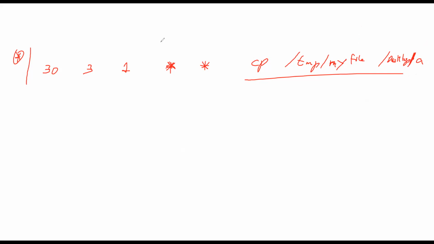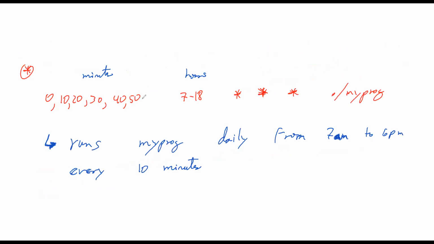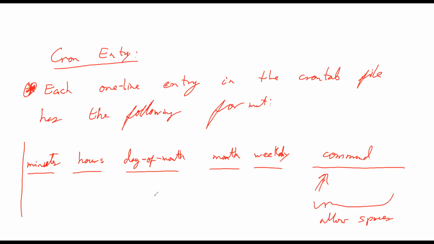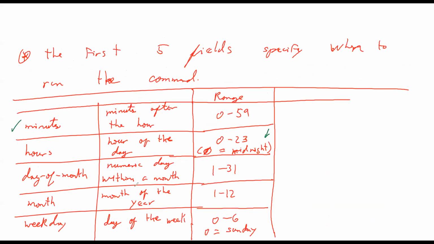Now, what is this entry doing in words? Let's look first of all at this one, because that's a new one now. That's the third field, day of the month, okay? And day of the month is defined as the numeric day within a month. The range goes from 1 to 31. Know that now.